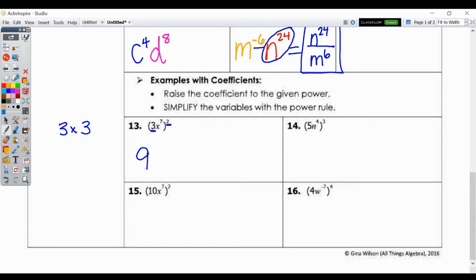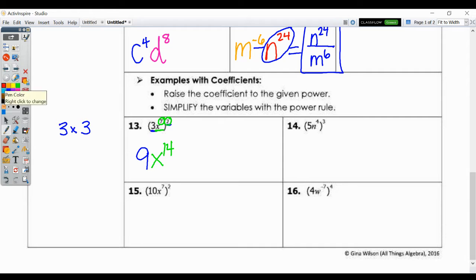So 9 becomes my new coefficient, right? Then I have to deal with x to the 7th, and then that is also to the second. So now I multiply 7 times 2, and I get x to the 14th. So your final answer should be 9x to the 14th.